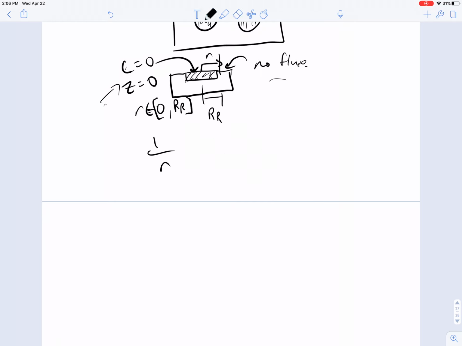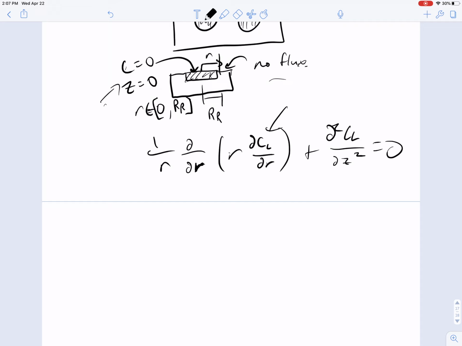Even though it's steady state, it's a multi-valued, independent variable function. So r partial C_L partial r plus we would have to have the terms here for the z direction: del squared C_L over del z squared equals 0. And this is the ligand concentration.